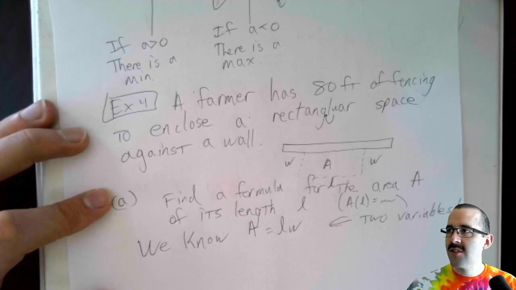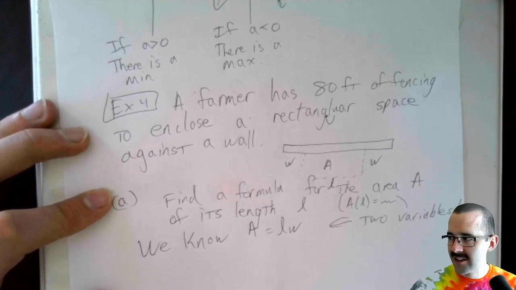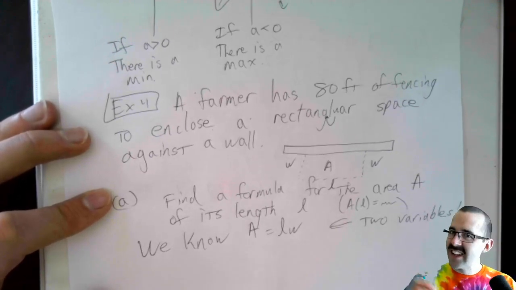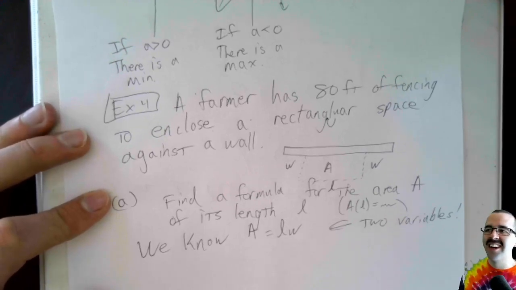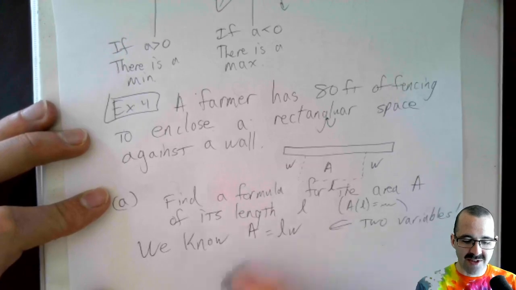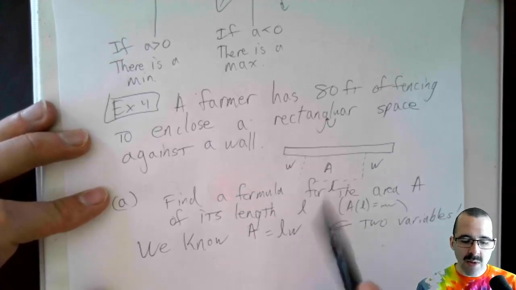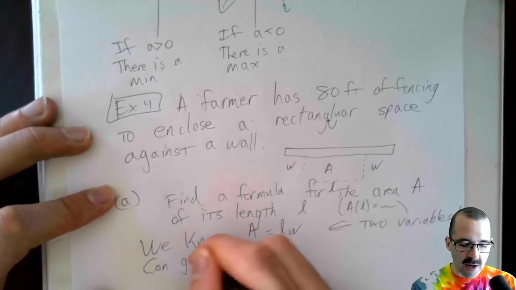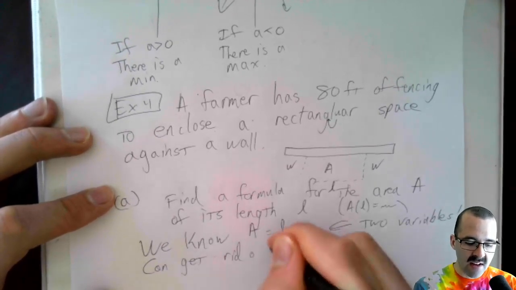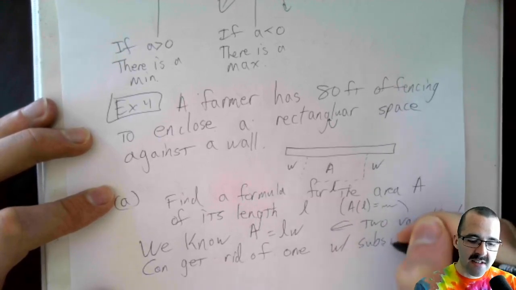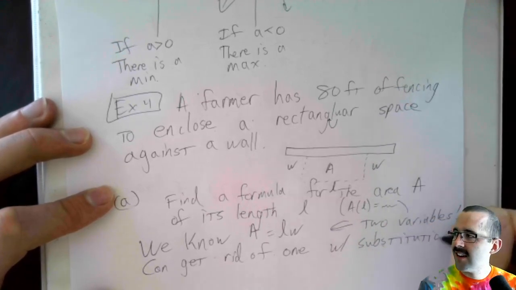If you have functions of 2 variables, we'll talk a little bit more about that in calculus, but usually in Calc 3. So that's a bit in the future, okay? For anyone who's going on to Calc 3, you got a little bit of time before we're dealing with functions of 2 variables. So we need to get rid of one of these variables, right? Can get rid of one with my good friend substitution.